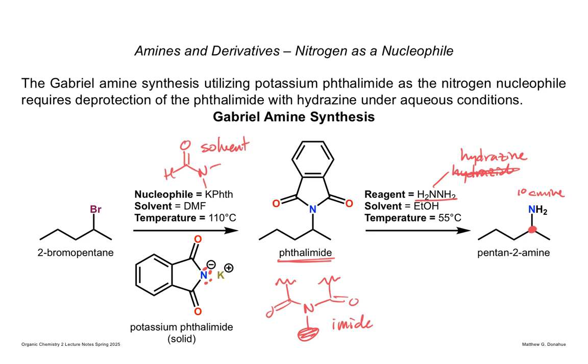What if we wanted to make that carbon more substituted? For example, we can't use this because it's tertiary. So how do we make amines that have a larger or bulkier group on that carbon? We have to do a different type of reaction.